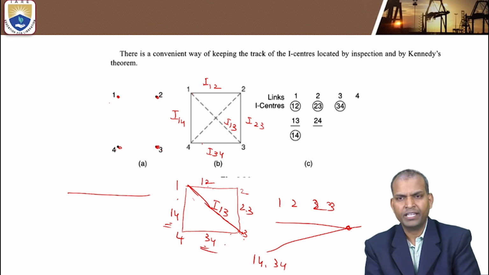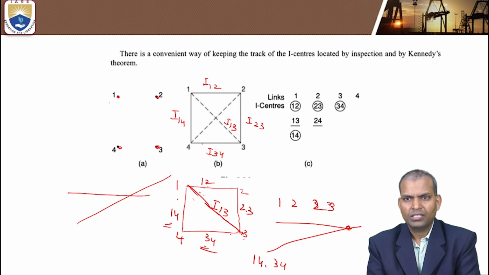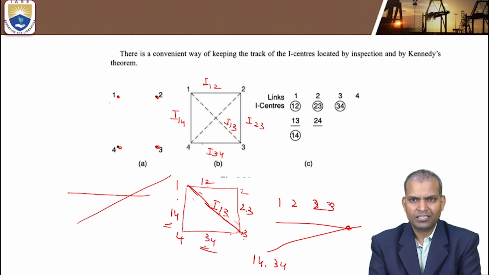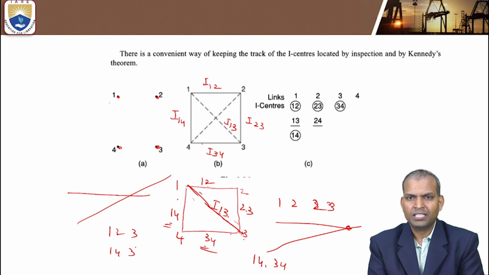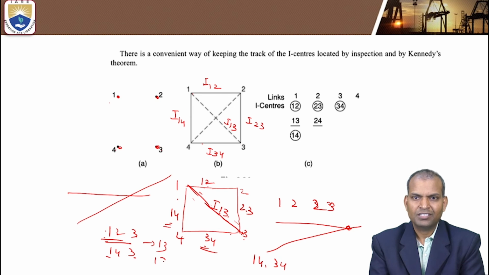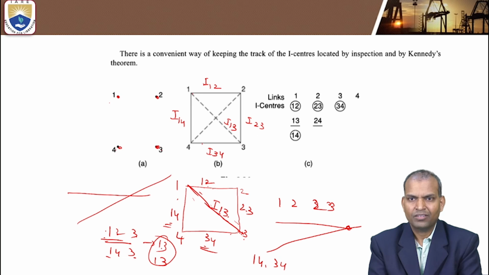If we join and extend this straight line, the intersection gives I13. This I13 is the common I center. Common I center means the combination that comes from links 1,2,3 and 1,4,3. What is the common point? 1,2,3 gives 1,3 and 1,4,3 gives 1,3. So this is I13.